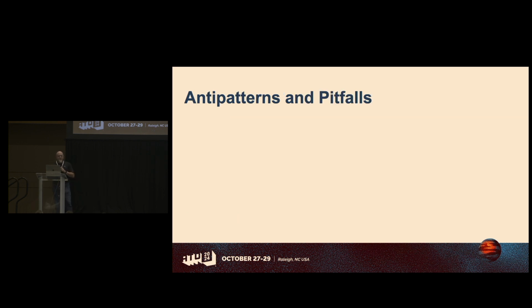So there are a couple of anti-patterns and pitfalls to avoid that I and some of my other friends doing the GitOps thing have run across. Don't use long-lived branches. What do I mean by that? Don't have a separate branch for dev and a separate branch for staging that just continue into the future. Your branches should be fairly short and then get merged back to main.